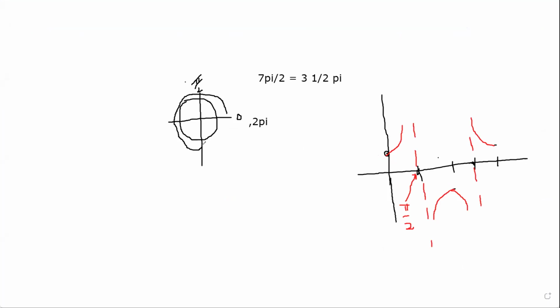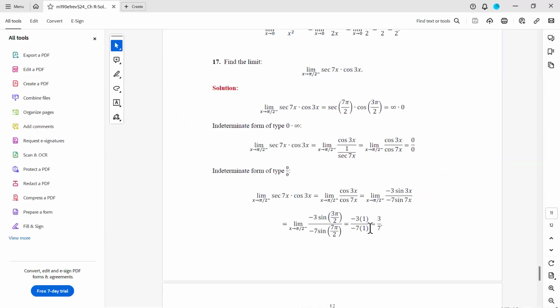So here, this is missing a negative. The sine of 3 pi over 2 is a negative 1, and sine of 7 pi over 2 is also negative 1.